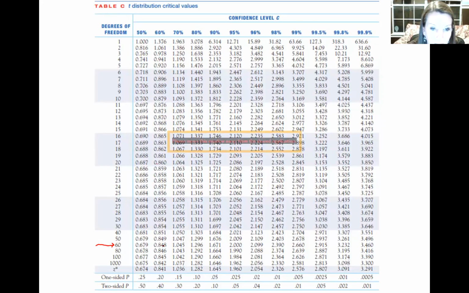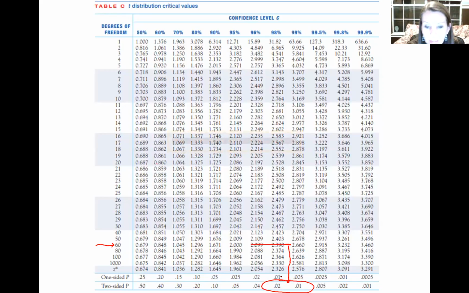I'm looking along this row to see where the absolute value of my test statistic, so 2.58, would fall between. And it looks like it would be between these two numbers here. We get 2.39 and 2.660. So this is a two-sided test, so I take that down to my two-sided values down here.